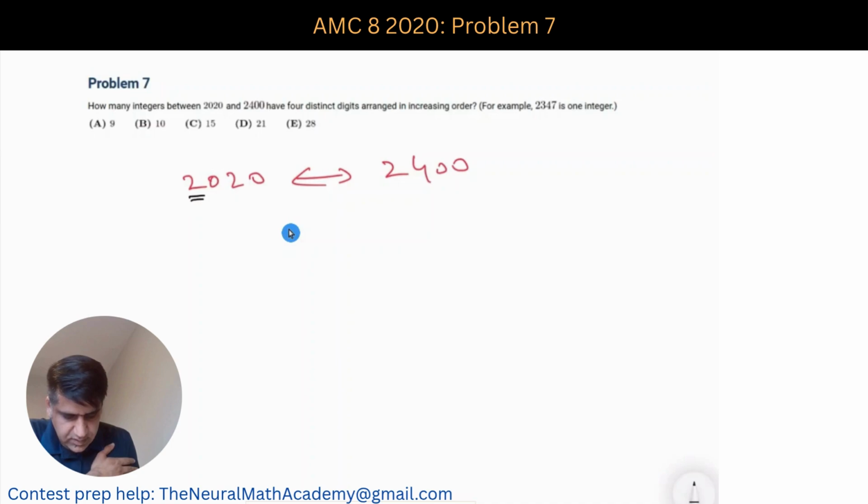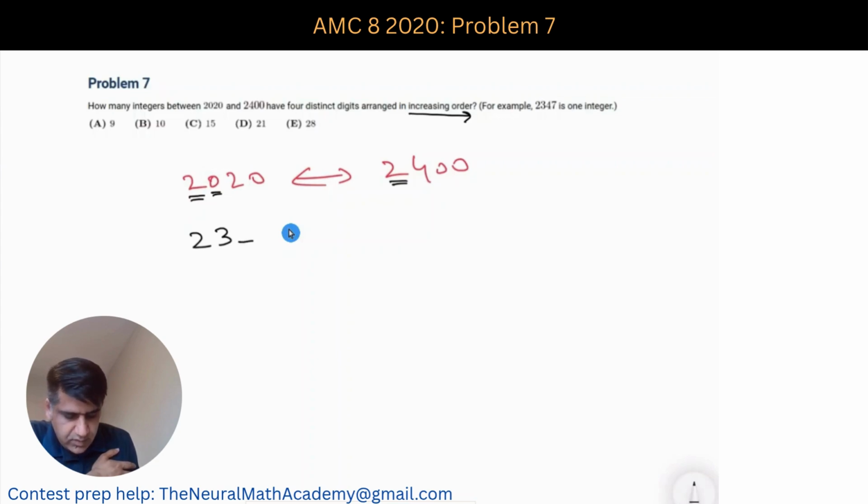The first digit must stay as it is. We cannot change it, since the first digit in the higher range is also the same. The second should be 3 in order to fulfill the increasing order condition, and it cannot be 4, because then we will be out of the given range.